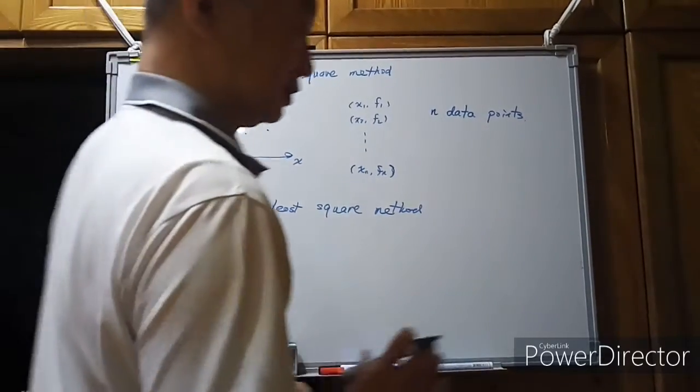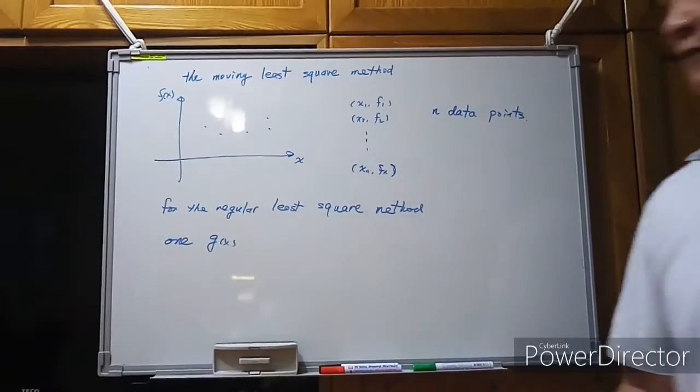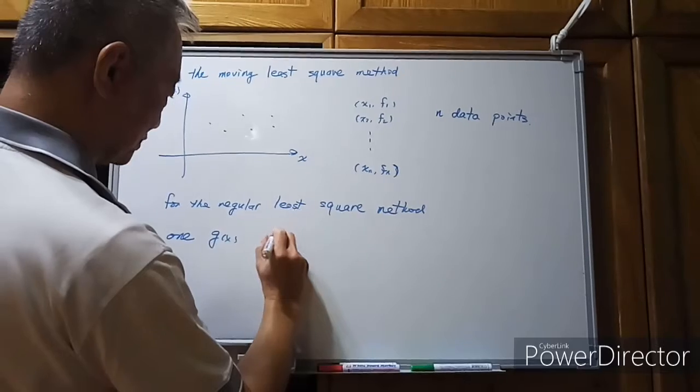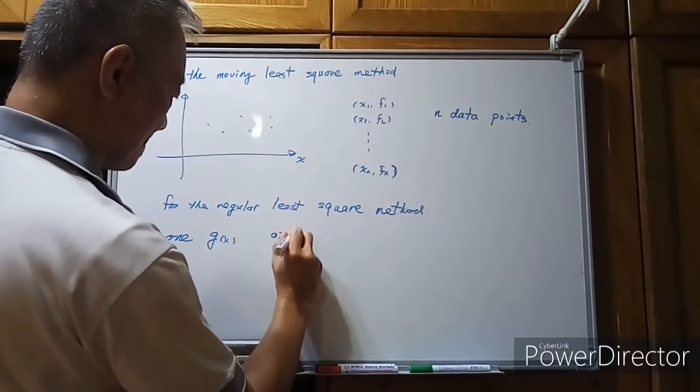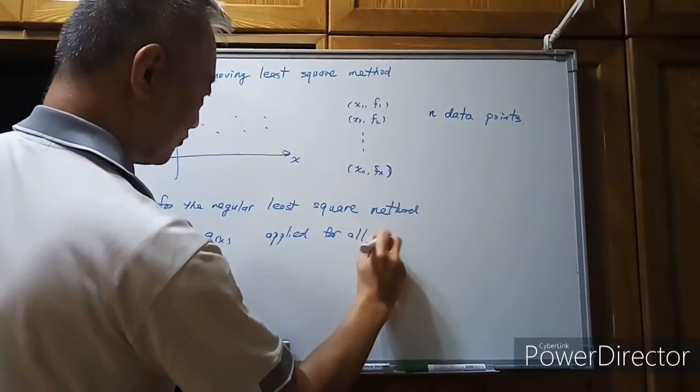We just find a unique g of x function, and this g of x function can be applied for all x.